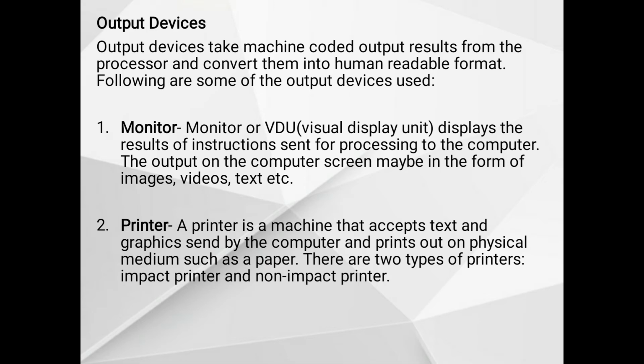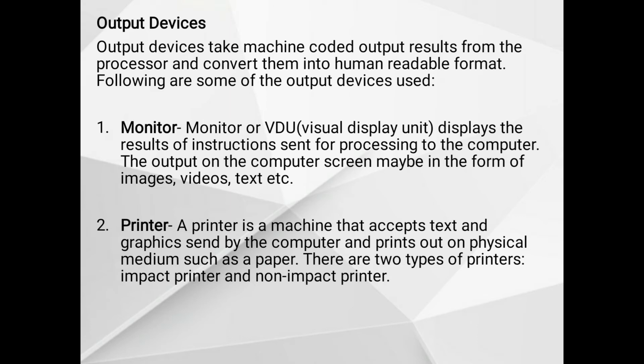The output of the computer screen may be in the form of images, video, text, etc. You already know that we have different types of monitors, the first one being the CRT monitor, then we have LED and LCD monitors. It is not discussed in brief, so only definitions will do.